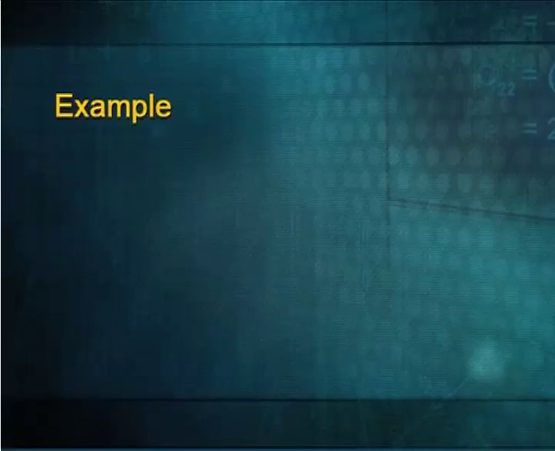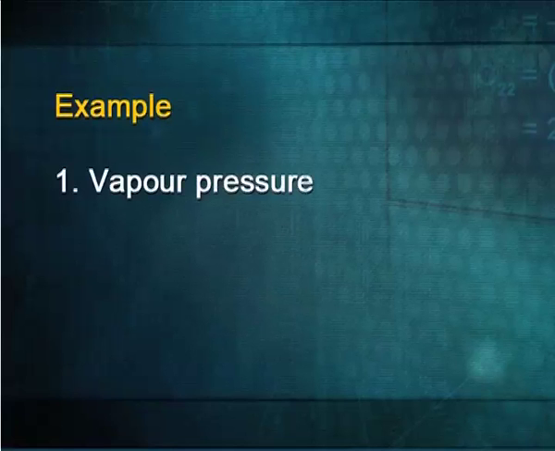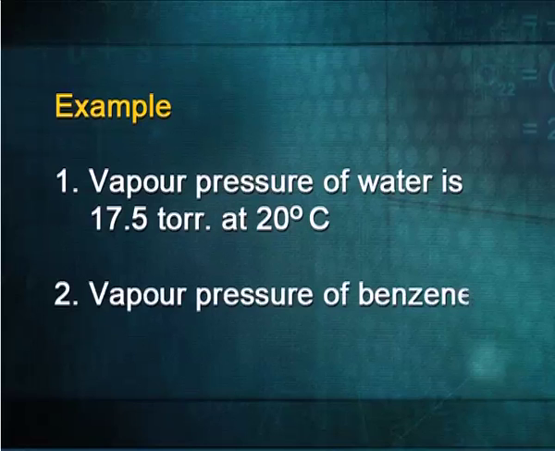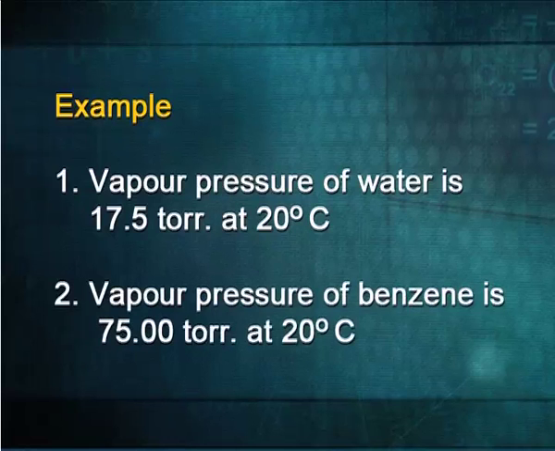Vapor pressure of a liquid has a characteristic value at a given temperature. For example, vapor pressure of water is 17.5 torr at 20 degrees Celsius. Vapor pressure of benzene is 75 torr at 20 degrees Celsius.